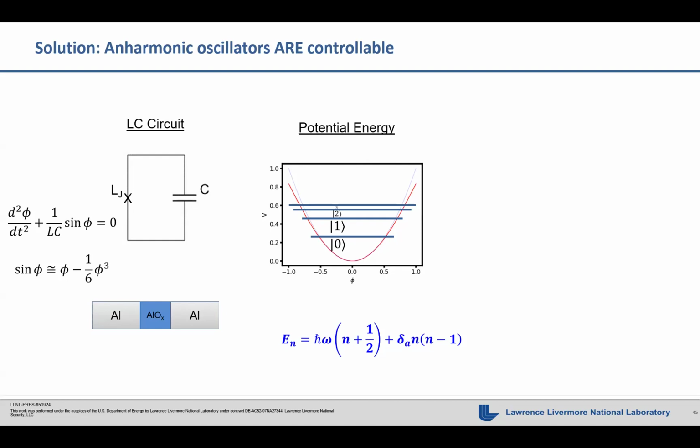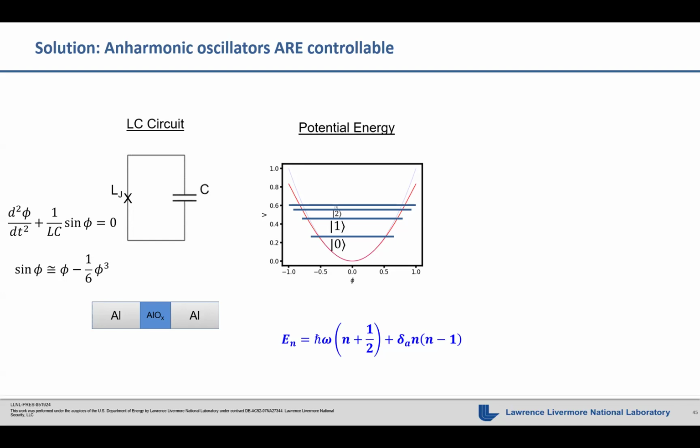And so the more current I try to shove through, the faster the electrons have to go through. The equations of motion are very similar to an inductor, but they're slightly nonlinear, and so my potential is actually a sinusoid. So when I write down my PDE, I have the sine theta, or sine phi. And sine phi is slightly nonlinear. So I get this phi to the third, which makes my potential just slightly different than parabolic.